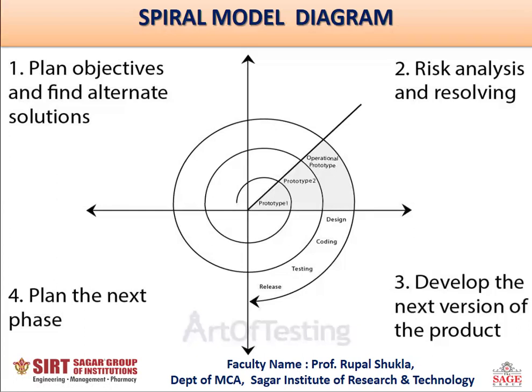The software is evaluated by the customer. It also includes risk identification and monitoring, like cost overrun or schedule slippage, and after that planning of the next phase is started.